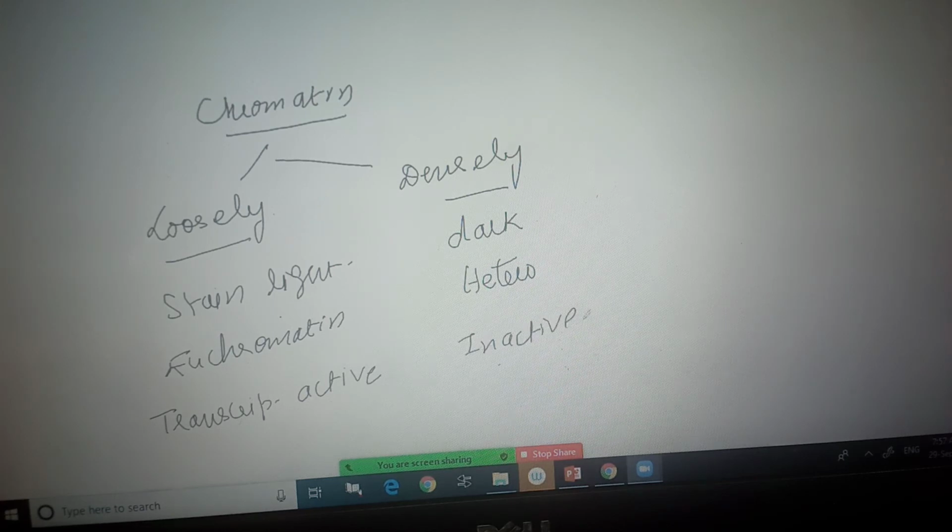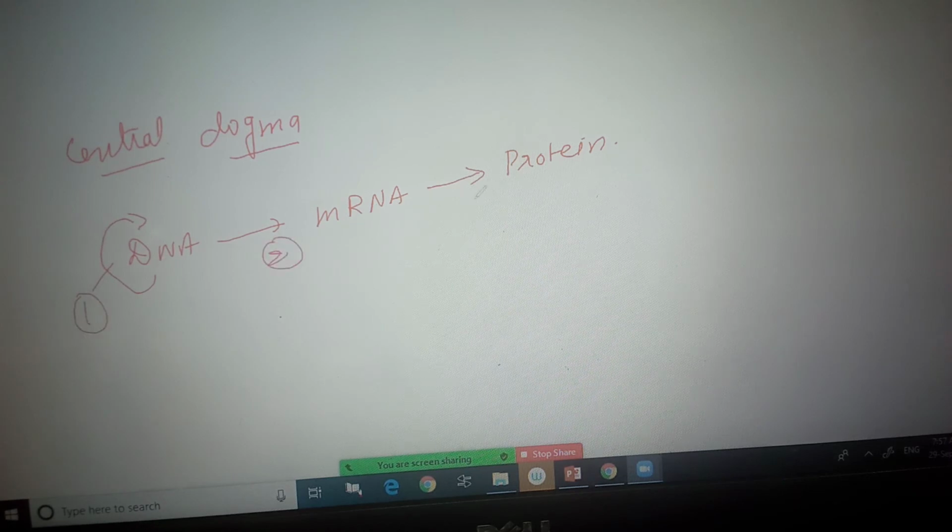What is transcription? I will tell you, and then we end this session. Now the central dogma of the cell was given by Watson. It tells about DNA: the information of DNA is transferred or copied to mRNA, and mRNA plays an important role in the synthesis of protein.